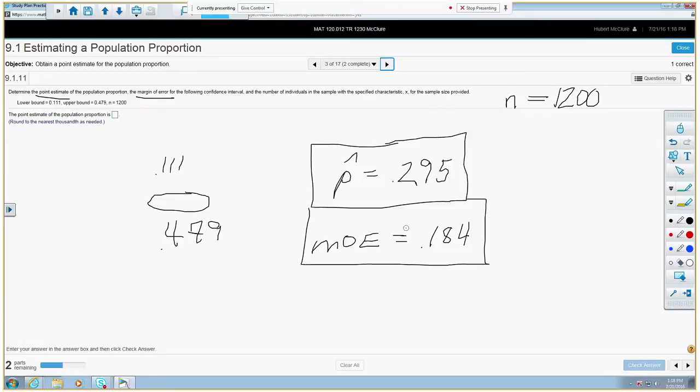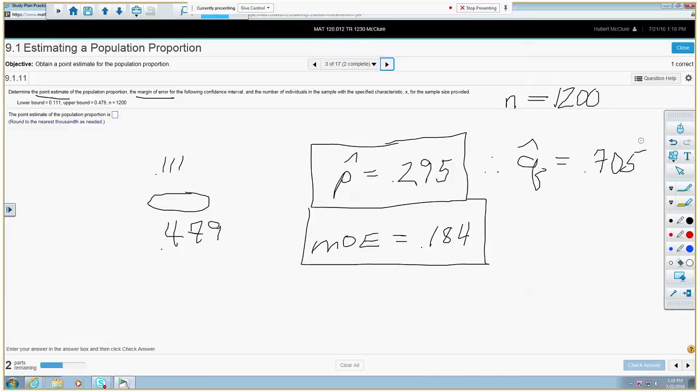So somebody take 0.295, and what is q? Let's put q hat. Q hat is going to be 0.705.